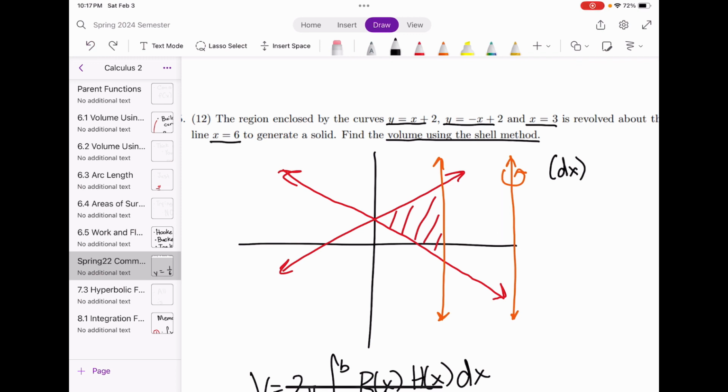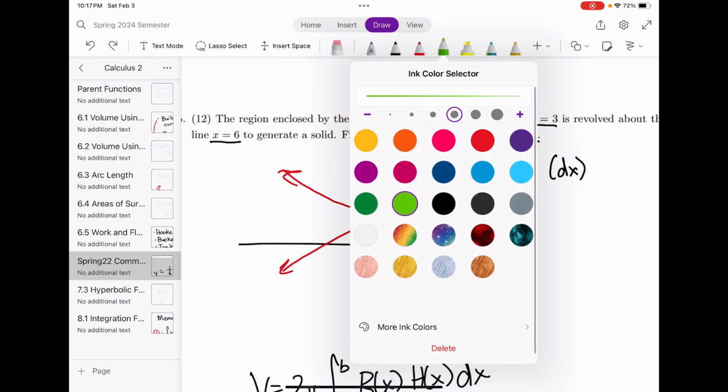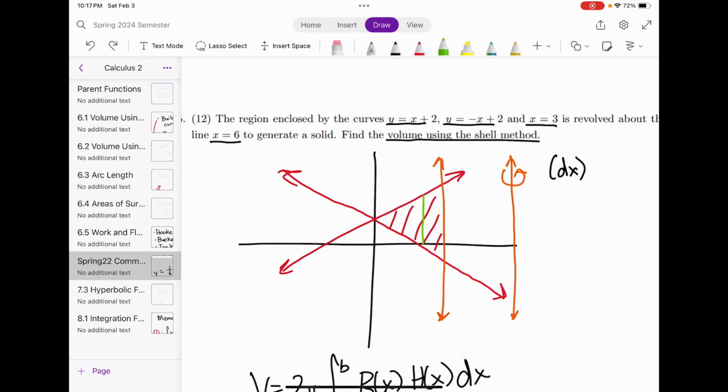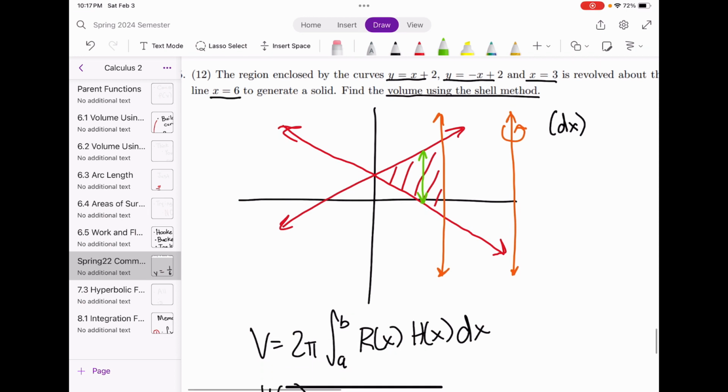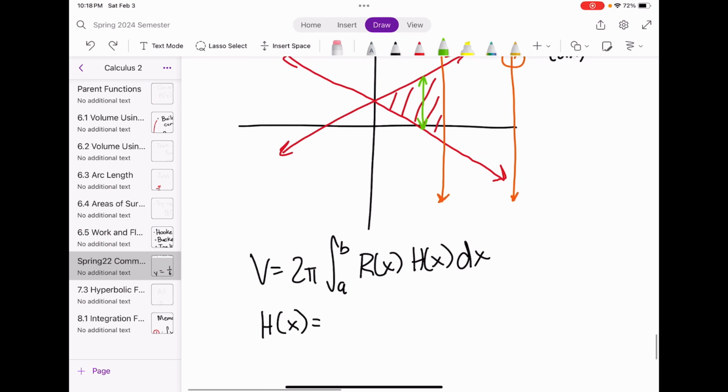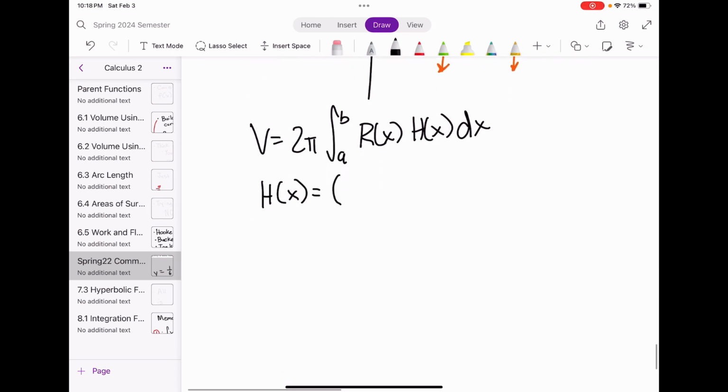You want to find, I'll use the green, just to show, the difference between up and down inside of this boundary. So in that case, it's going to be the top function minus the bottom function. So it's going to be x plus 2 minus negative x plus 2.